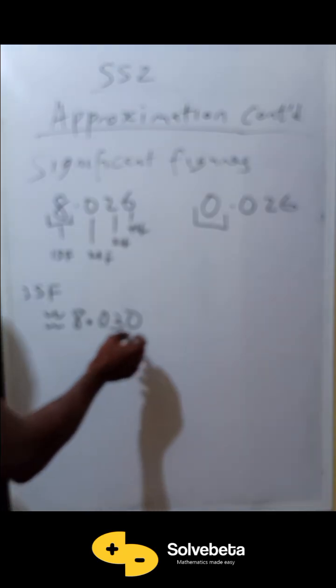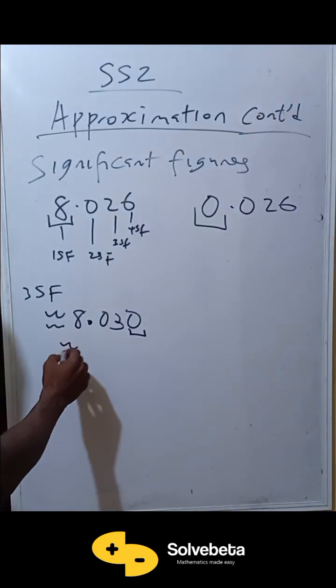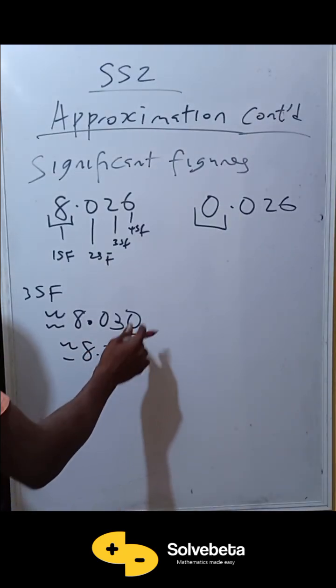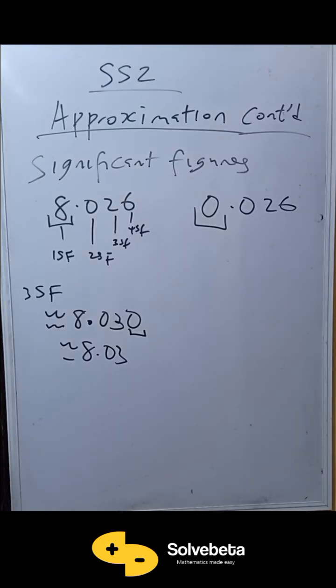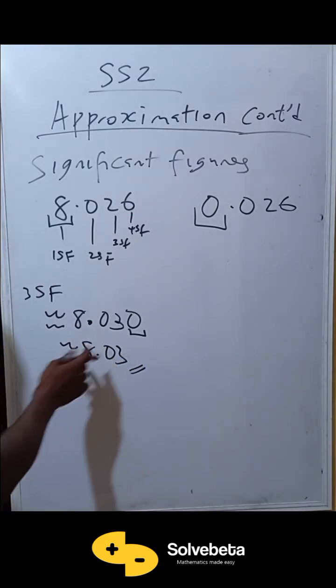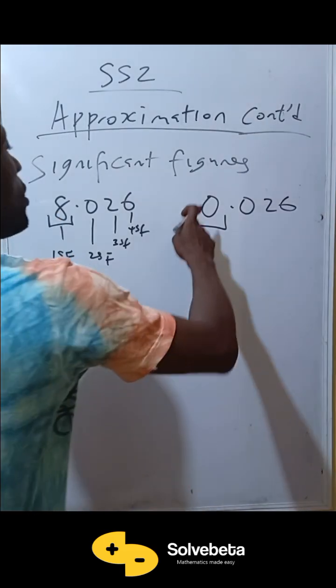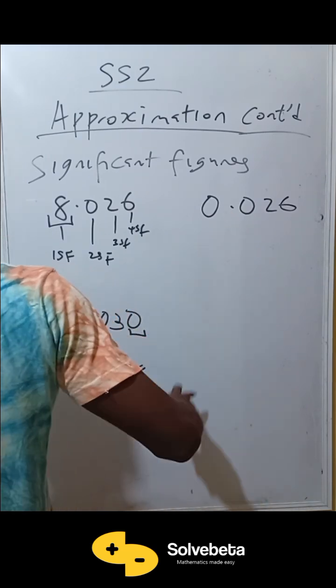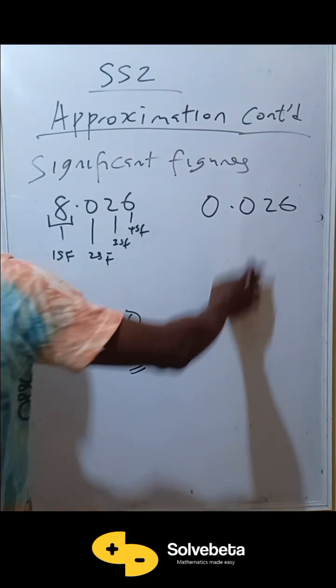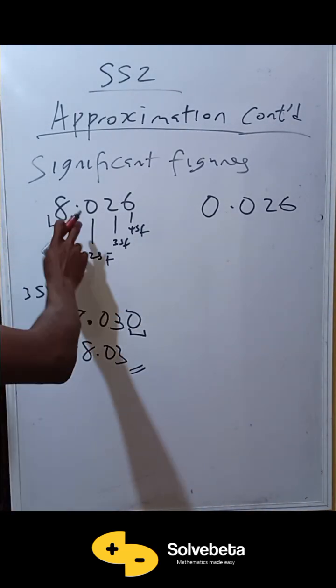And we also said that this last 0 after the decimal point, as long as there is no non-zero digit after it, is insignificant. So this is our value. This is approximately equal to 8.013.